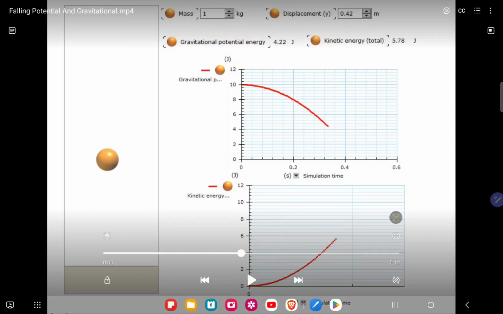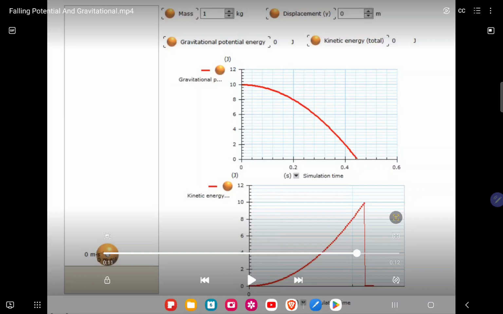If we start the simulation here, the potential energy starts to decrease and the kinetic energy starts to increase. If we add the kinetic energy and the gravitational potential energy together, they must equal 10 joules, while the potential energy decreases and the kinetic energy increases.